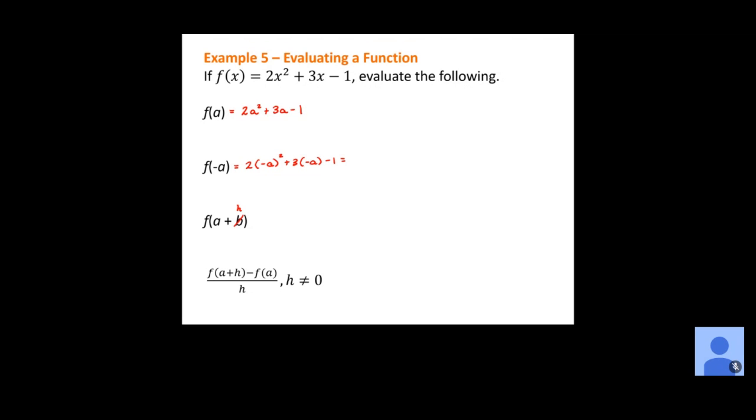What's negative a squared going to give us? Okay, good. It becomes a positive a squared. So this is going to be 2a squared. And then what's 3 times negative a? A negative 3a. So this is minus 3a now, and then the minus 1.